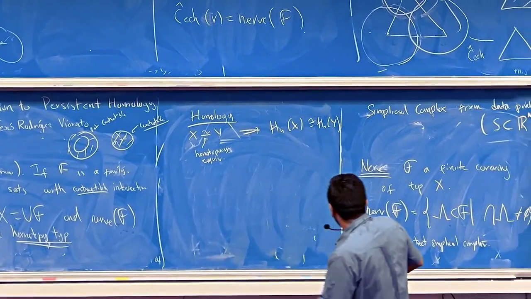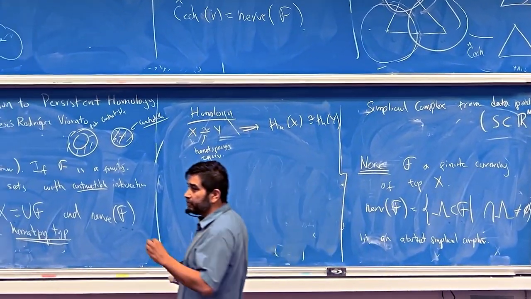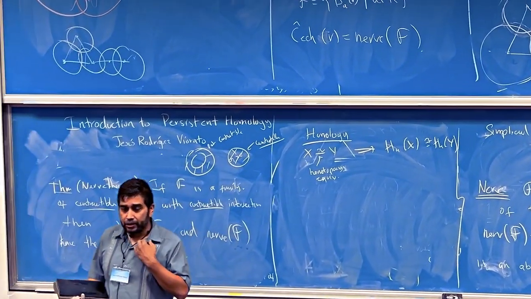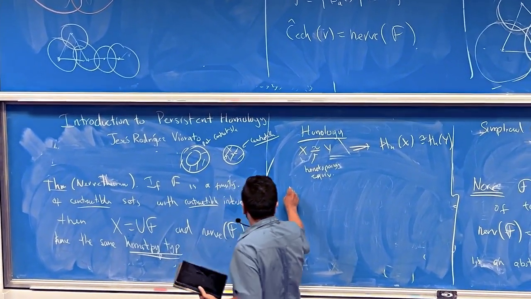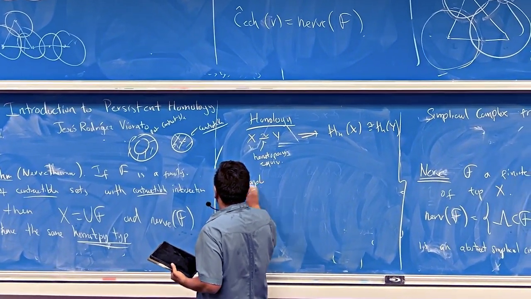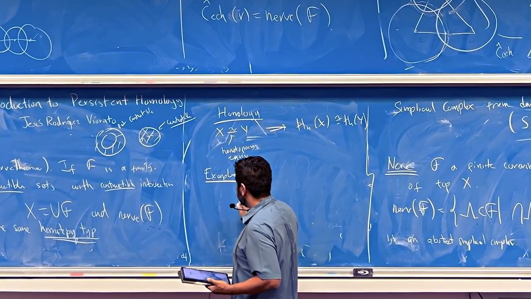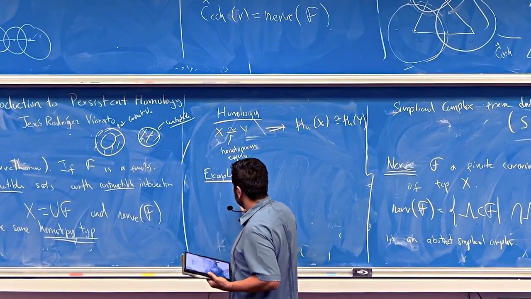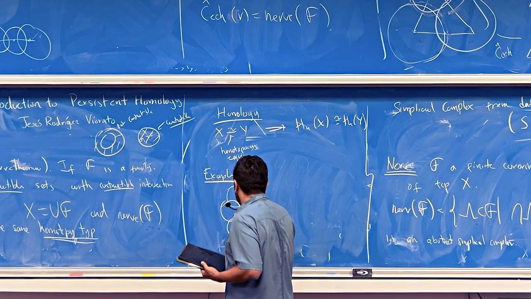Something that does not happen with the Vietoris-Rips complex. With the Vietoris-Rips complex, you might lose the homotopy type. So, for example, if you're talking about points on a circle, you're talking about balls that look like this.